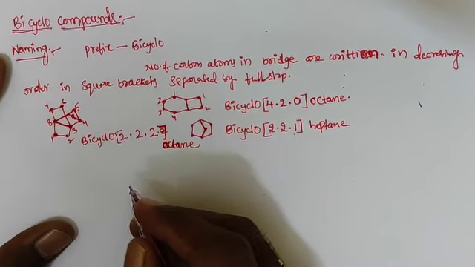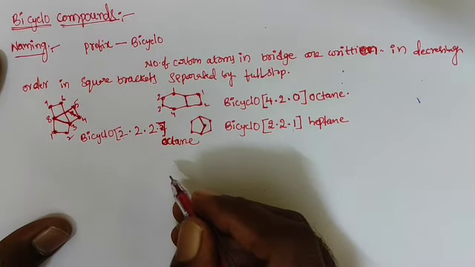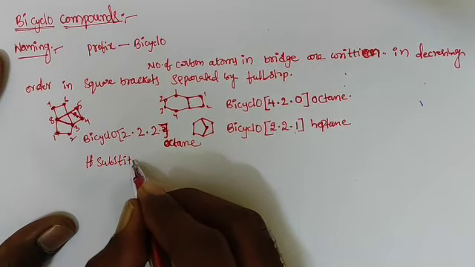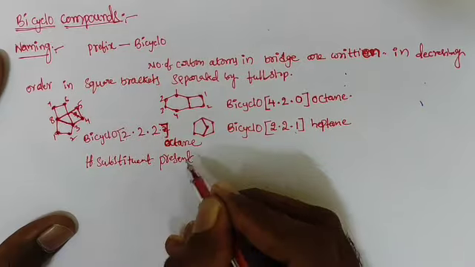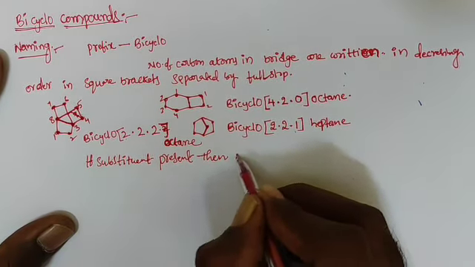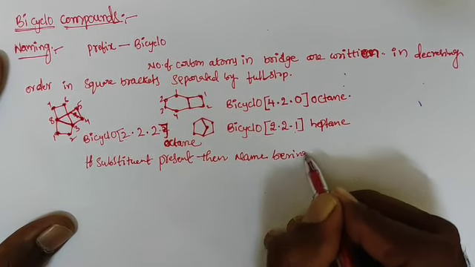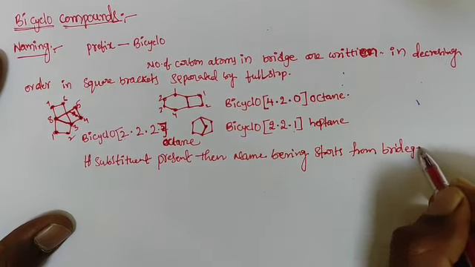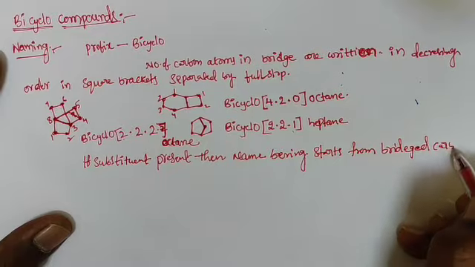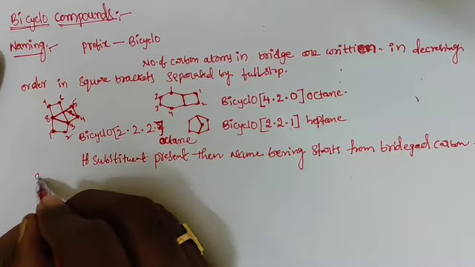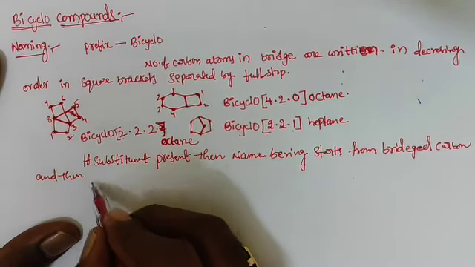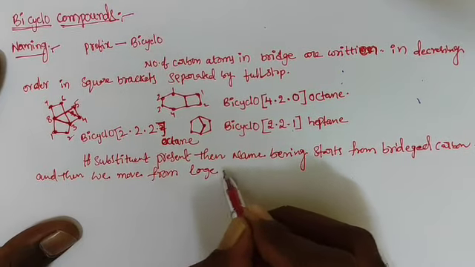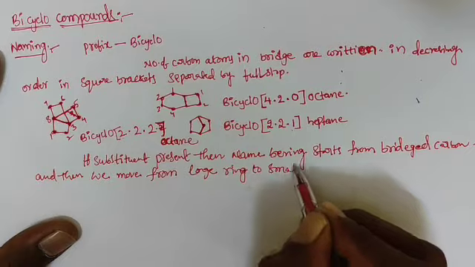Next, if a substituent is present in the name, how will we give it? If a substituent is present, then the name starts from the bridged carbon, and then we move from the large ring to the small ring.